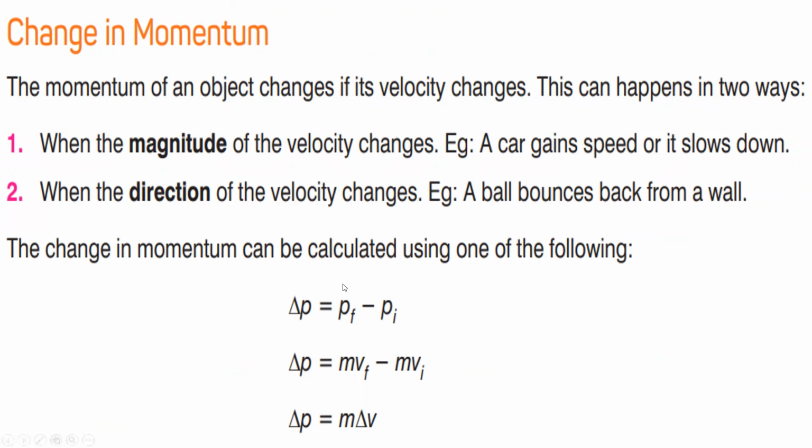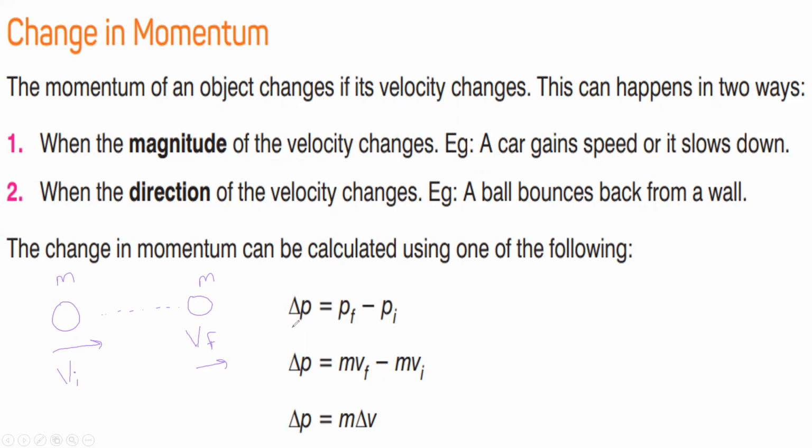Let's explain how we get this formula. If you have one object with initial velocity, let's say vi, and mass m, moving this way, and then it speeds up or slows down, so the velocity changes. The object now has final velocity, vf. Maybe a different direction is also fine.